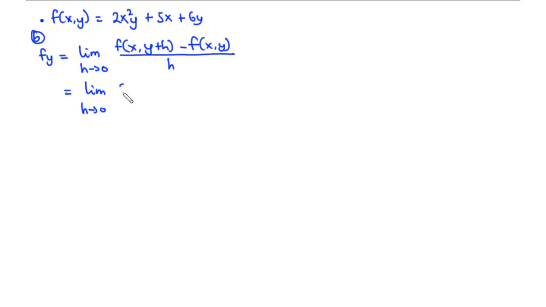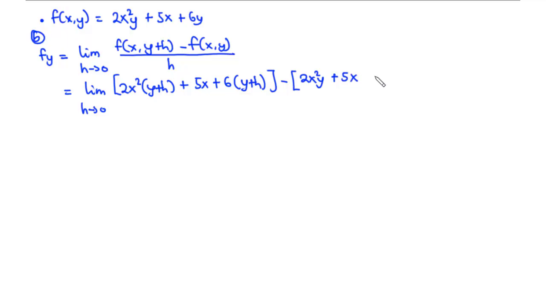So we are going to have 2x square times y plus h plus 5x plus 6 into bracket y plus h, minus f of x y, which is the original function. So we have 2x square y plus 5x plus 6y, and then all divided by h.